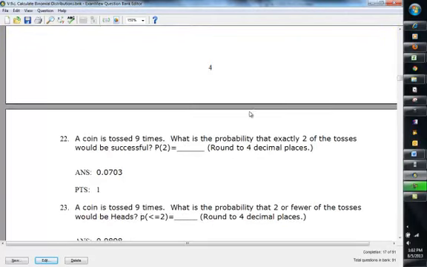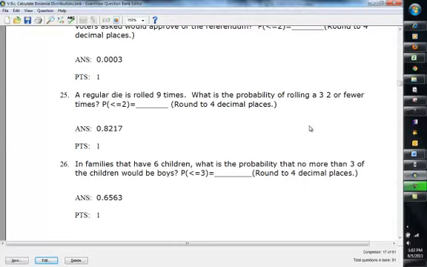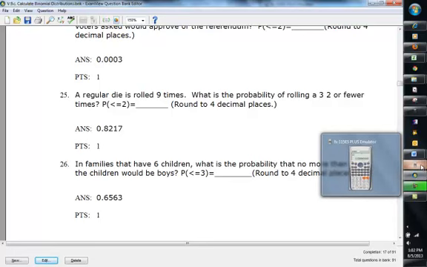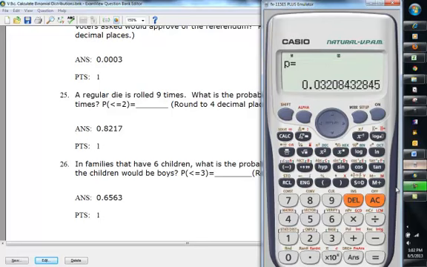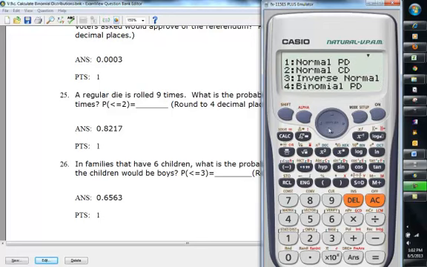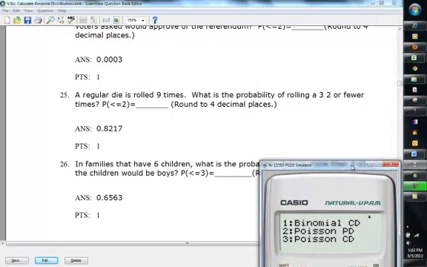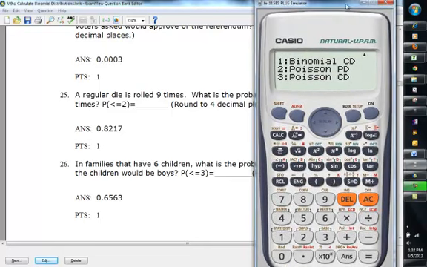Number. Let's do the regular die. A regular die is tossed 9 times. What's the probability of rolling a 3 2 or fewer times? So we've got mode. It's a distribution, and it's not point because it's 2 or fewer times.